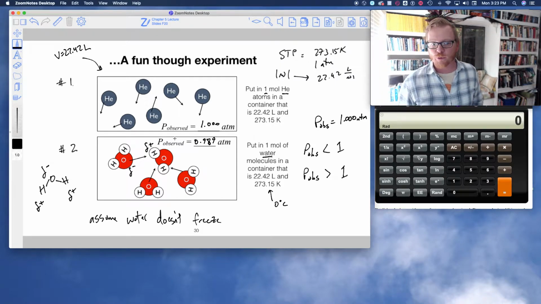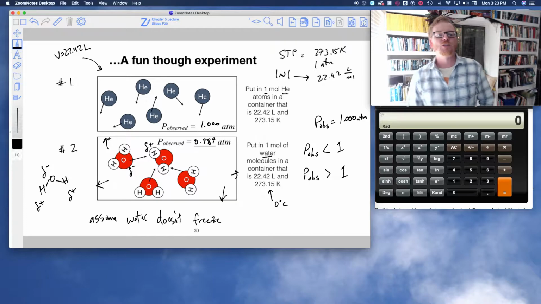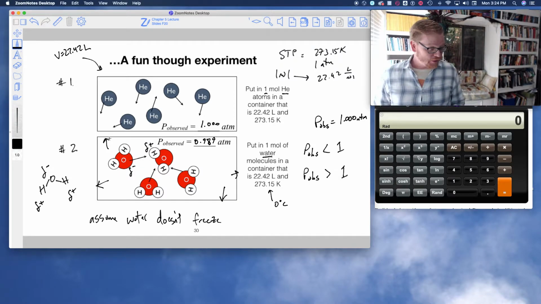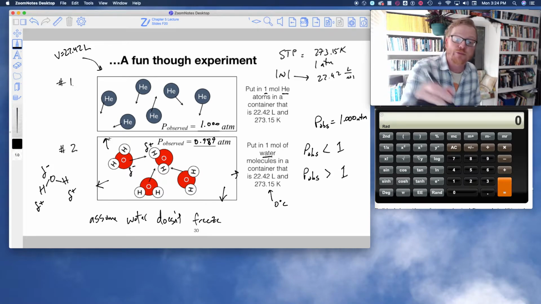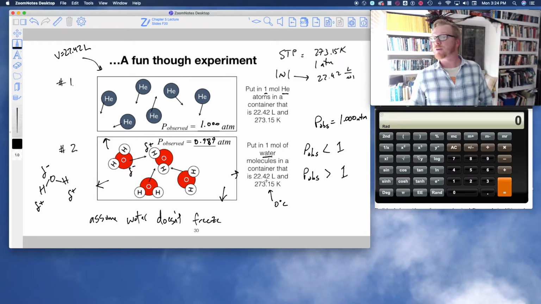And we noted that pressure is a result of collision with the walls, right? So if these water molecules are influencing each other to suck in a little bit more, but I'm forcing this container to be 22.42 liters, then that means the pressure will be slightly less than 1 atmosphere.